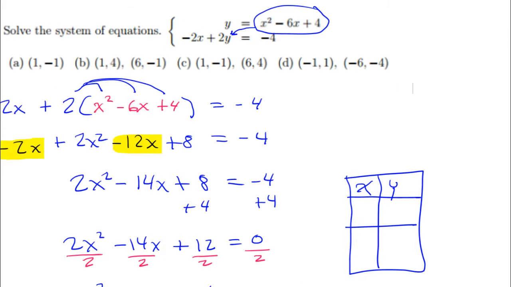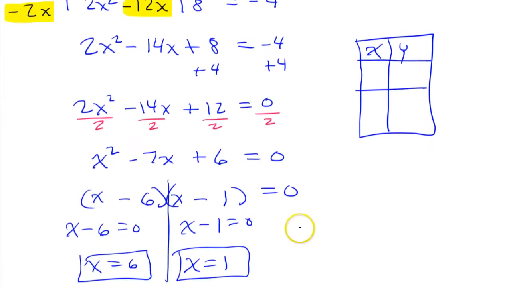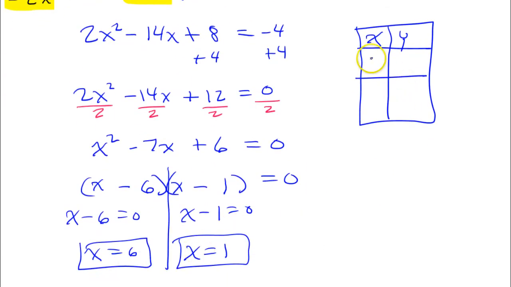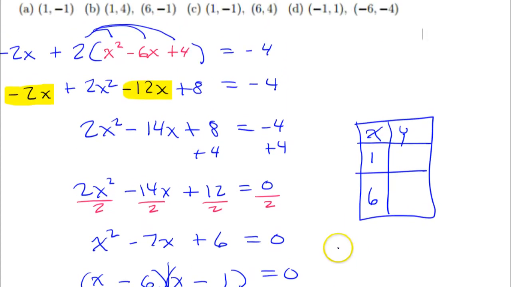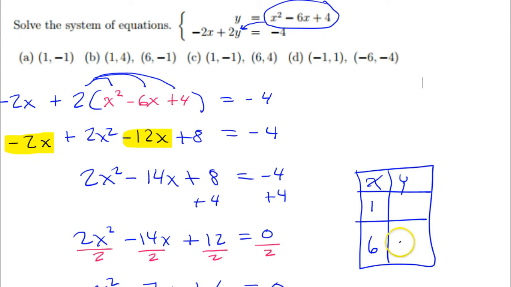This is a system of equations. It has x's and y's. So I have found the x's, which are 6 and 1. So I'm going to put 1 and 6 right there. I found the x's, but I have not found the y's yet. So I need the y's that go with these x's.